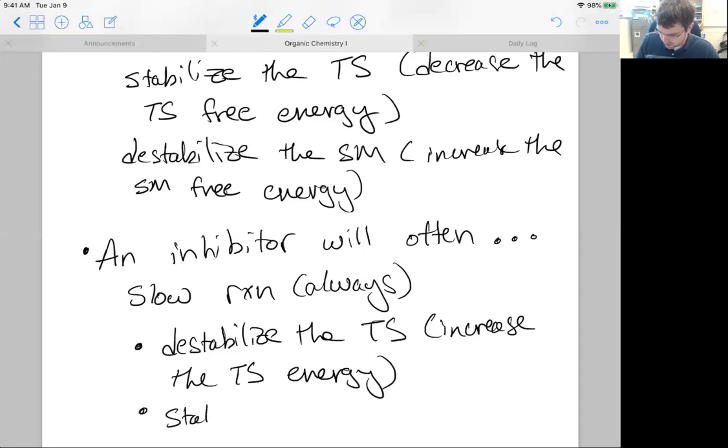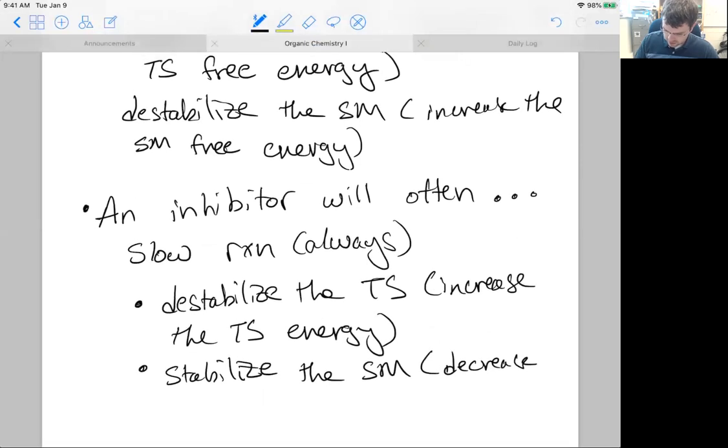Likewise, it will stabilize the starting material, and that will decrease the energy of the starting material.